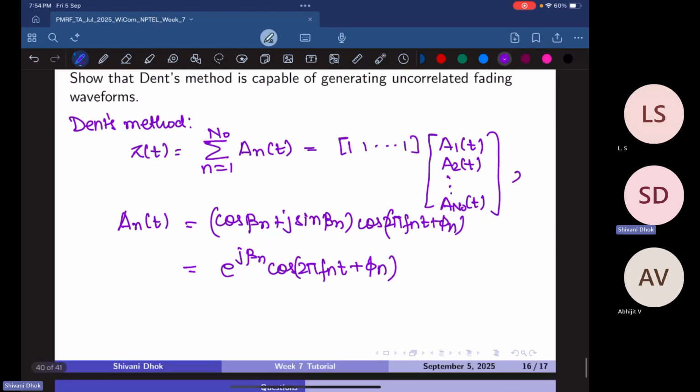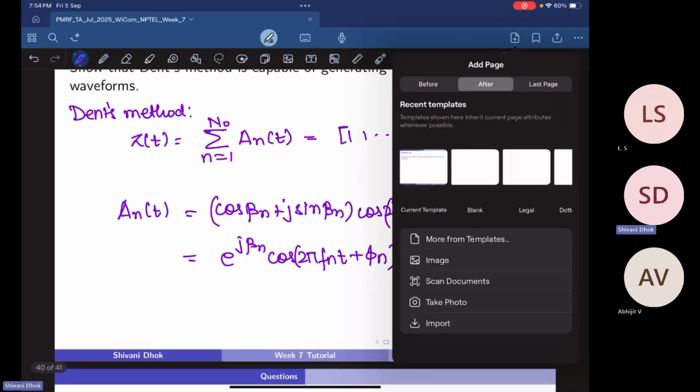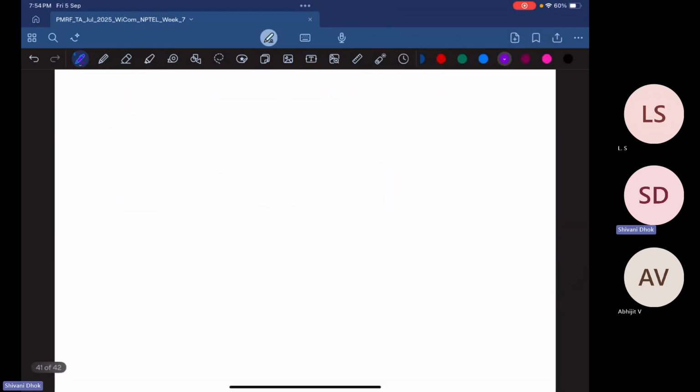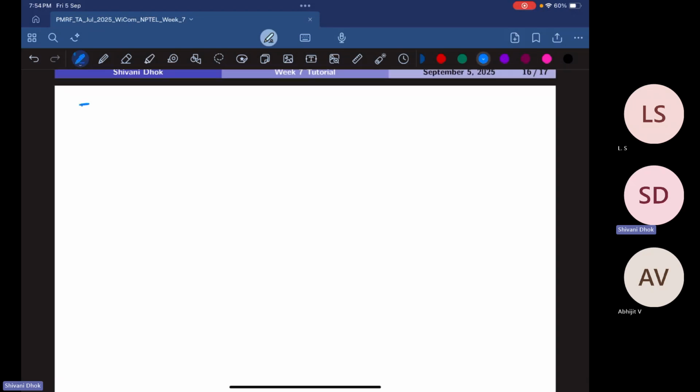And then we said, to generate some n naught values, we'll use the Walsh-Hadamard matrix. So we'll generate it something like this.